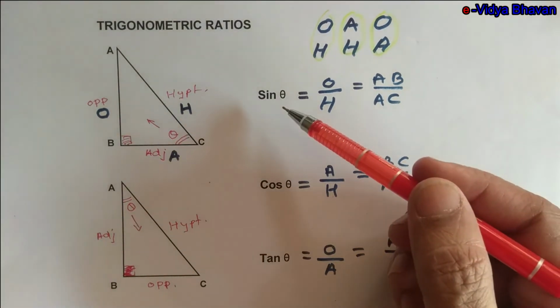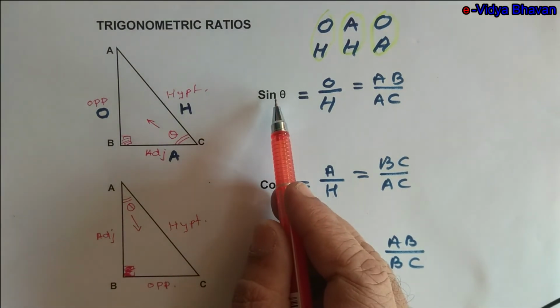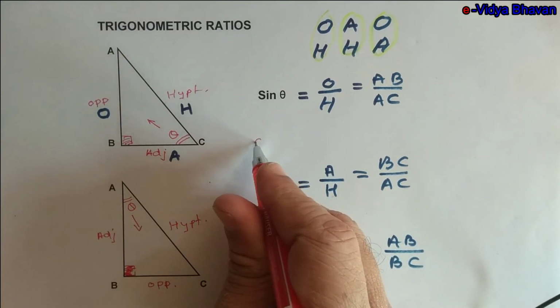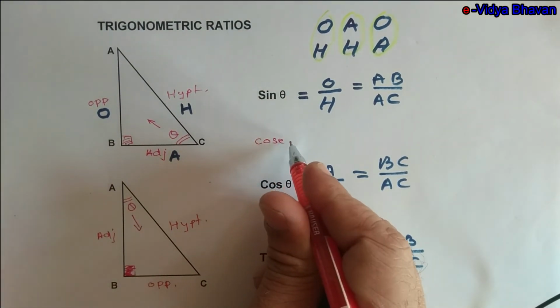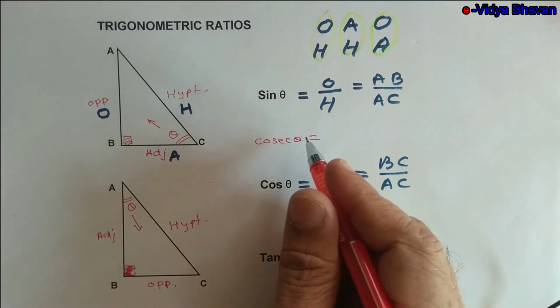Now, apart from these three trigonometric ratios, we have three more trigonometric ratios. They are called reciprocal partners, or even inverse partners. So what is the reciprocal partner of sin theta? You will write cosec theta equal to, reciprocal means what?